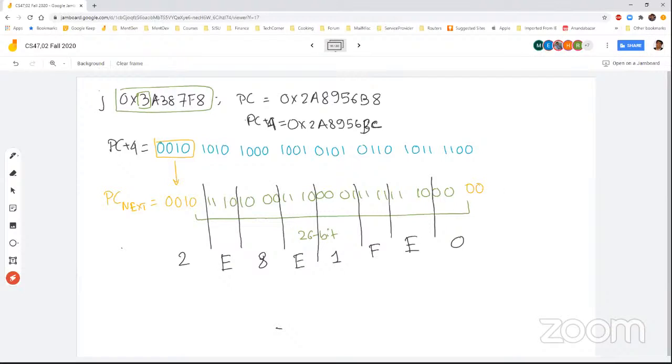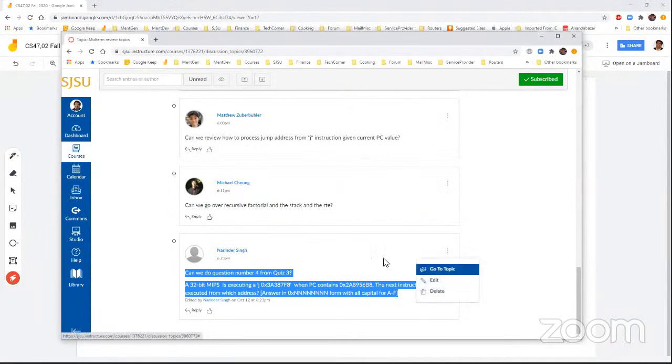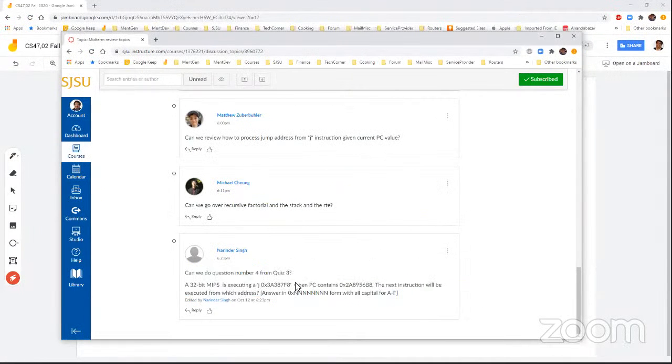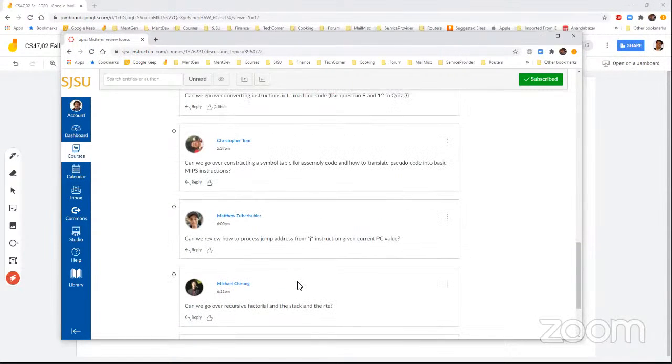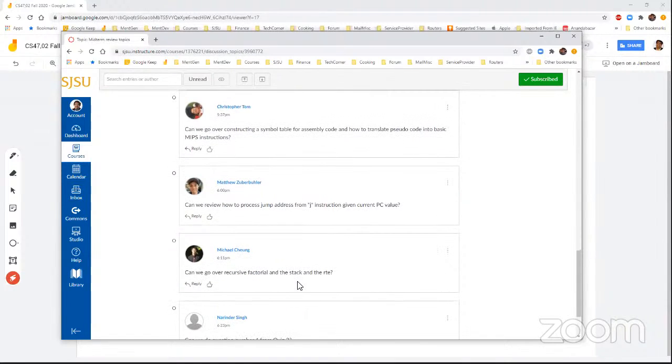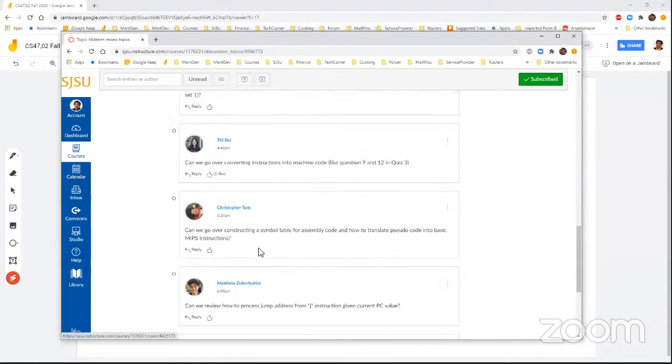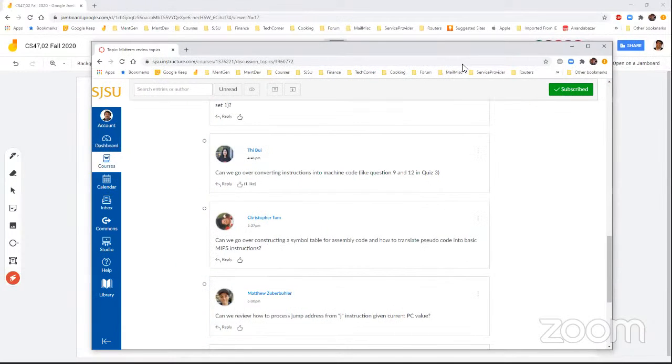All right. Okay. So this is done. Now let me come to Christopher's question, the construction of the symbol table.